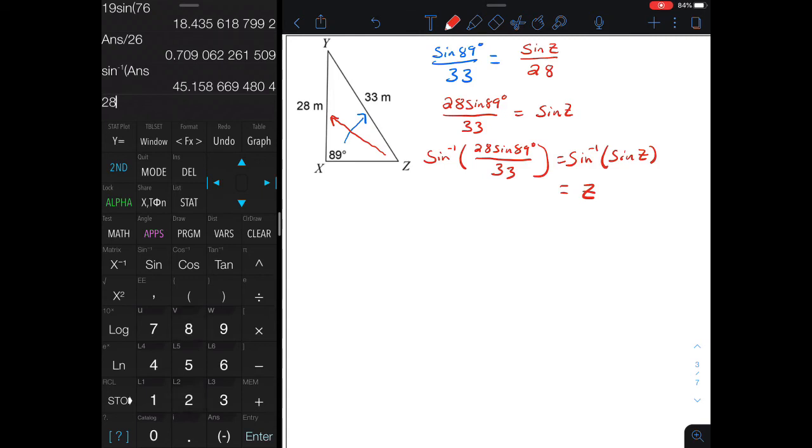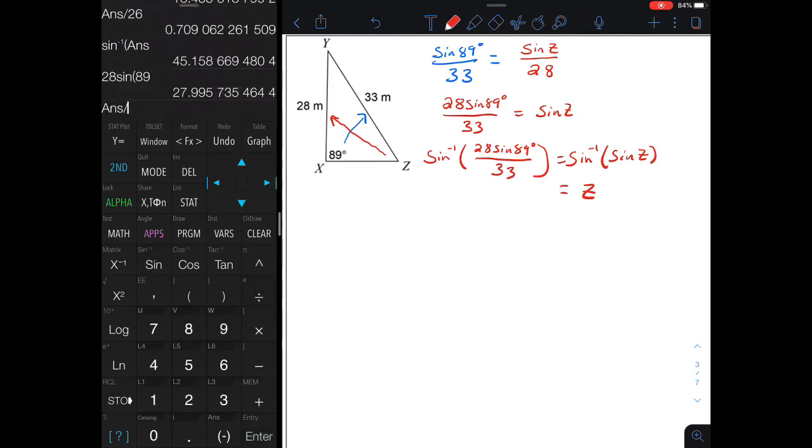So 28 sine of 89 divided by 33, inverse sine of that answer. And I get Z to be about 58.03. All right, so I have the measure of angle Z here. Now that's the rounded version.